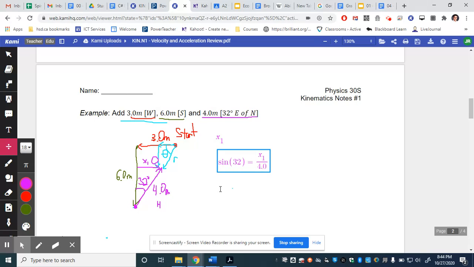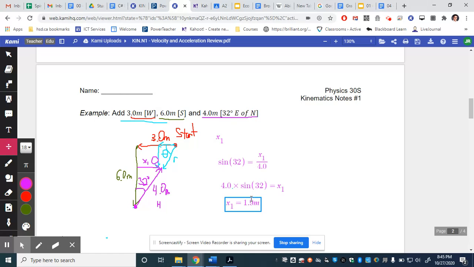Right, so if we keep going with this, we're going to multiply both sides by 4, so we got 4.0 times sine 32. That's how we get rid of that 4, and that's going to equal x1. And so our final answer there is x1 equals 1.9. And that is meters.